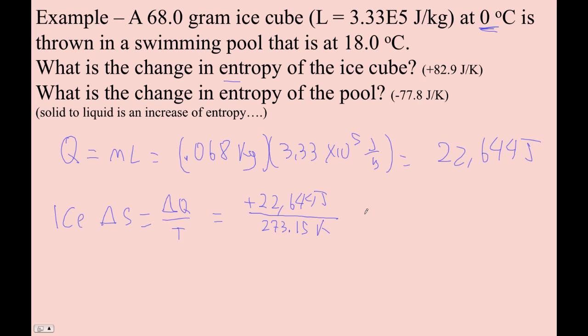Okay, so divided by 273.15 and I get 82.899. And that's joules per Kelvin, right? So that's a positive change of entropy.